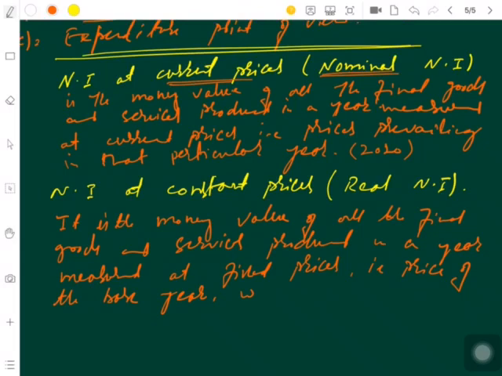What we get is national income at constant prices, or real national income.